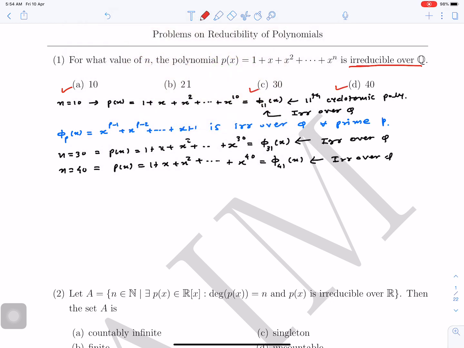Now let us go for n equal to 21. So n is equal to 21 implies p(x) will be 1 + x + x² + and so on up to x^21.